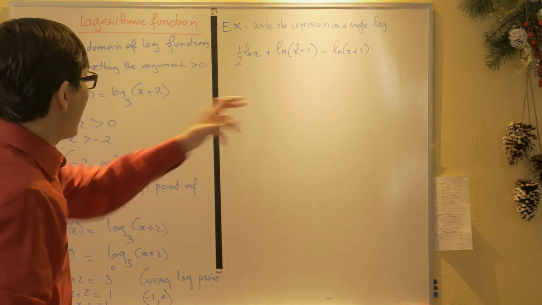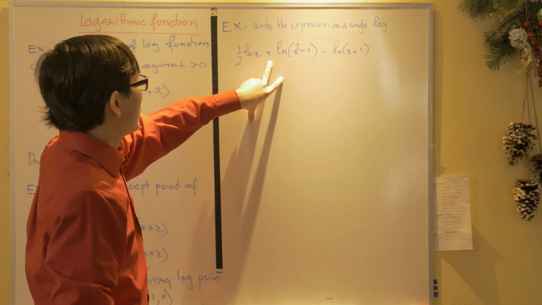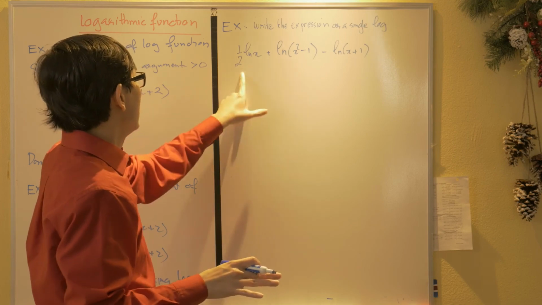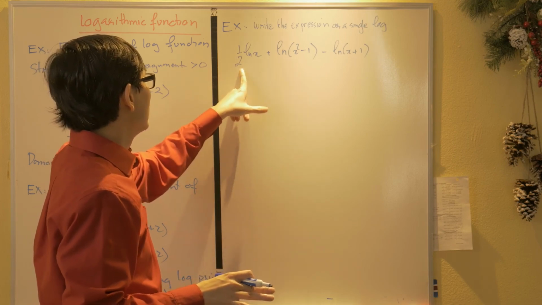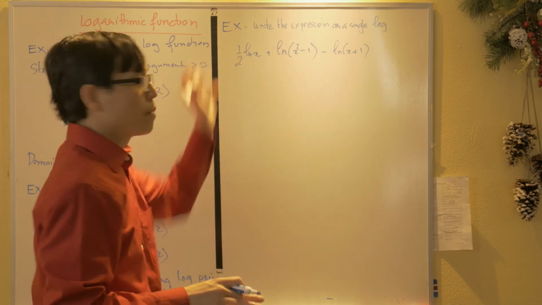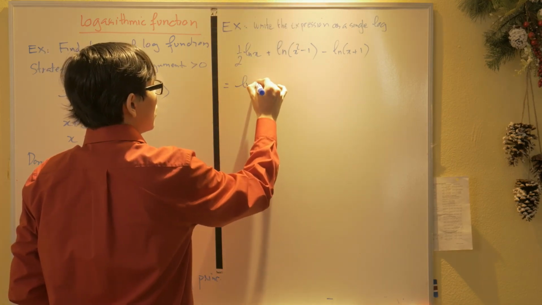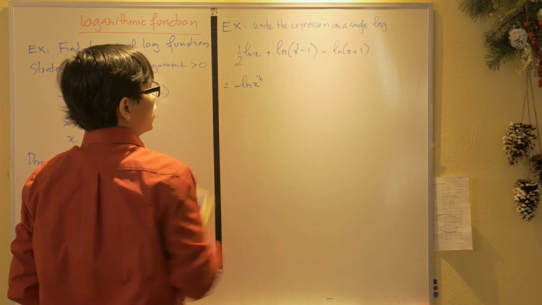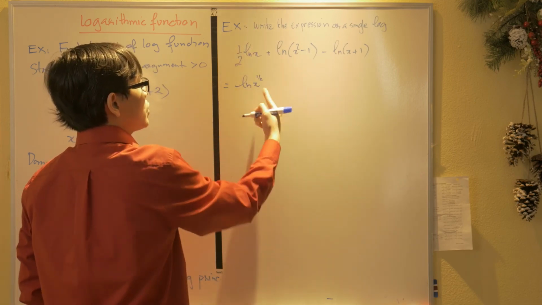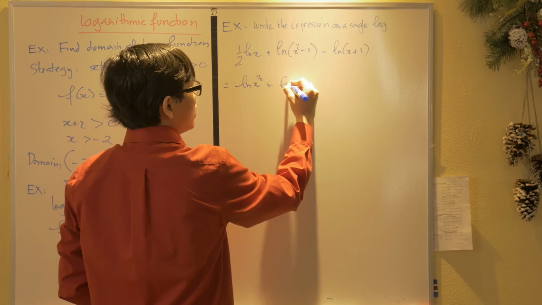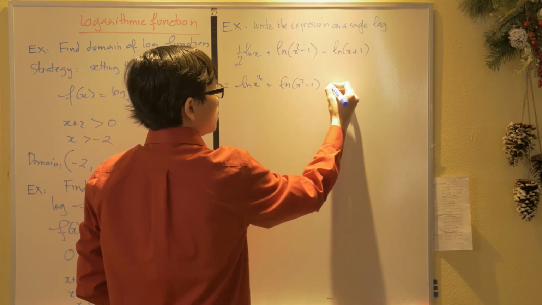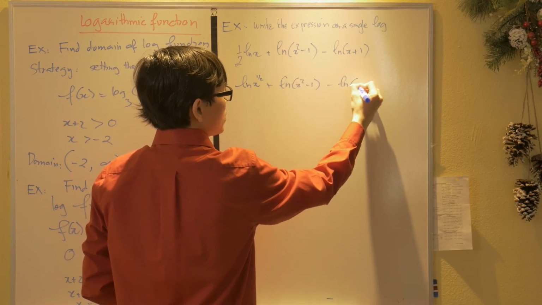Remember, if we have a sum, we can rewrite it as a product. However, we need to bring the 1/2 up. We can bring it back, so this is equal to ln of x to the 1/2, because I bring the 1/2 back to the exponent, plus ln(x squared minus 1) minus ln(x plus 1).